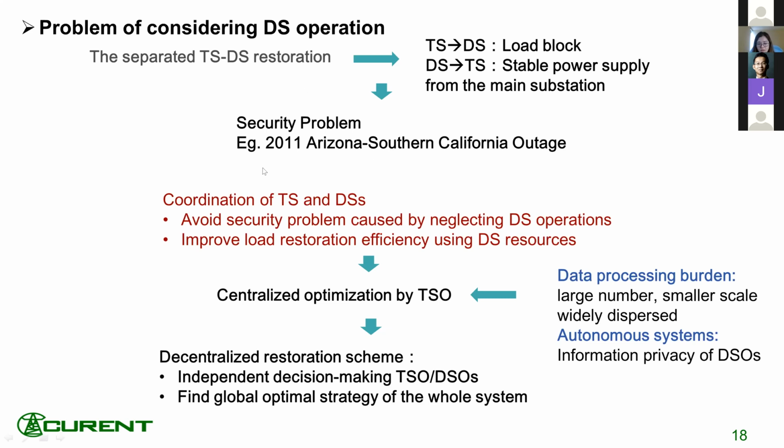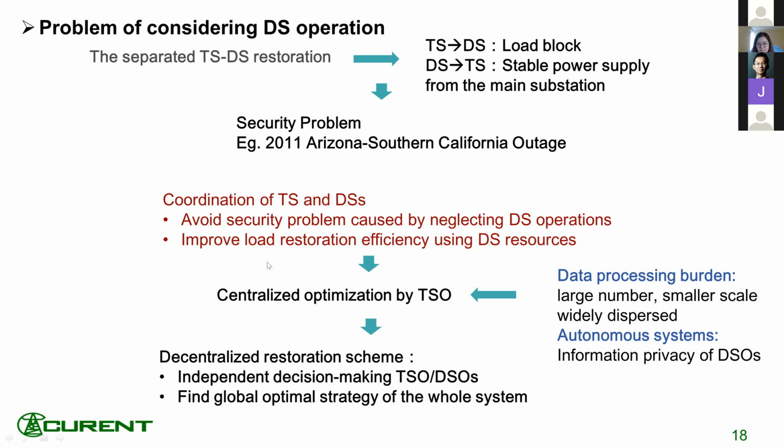That is because we want to avoid the security problem caused by neglecting the distribution system operation. And we may want to use the available resources on this side to further speed up the load restoration process.